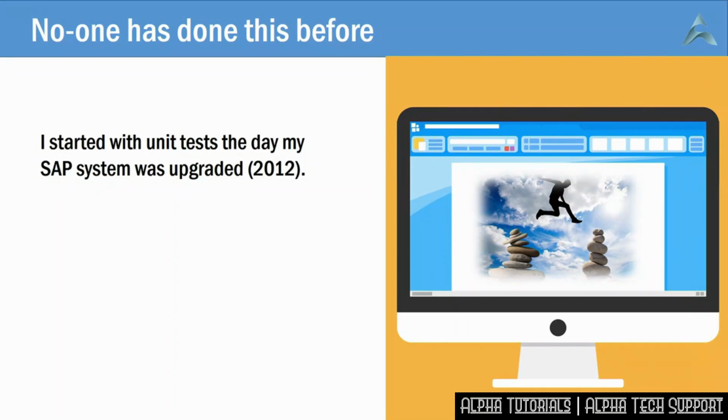I only started doing TDD for real in ABAP in 2018, but I've been using the ABAP unit framework since the very first day that, where I work, we upgraded to a system with a high enough release so I could actually use it. That was in 2012. So, how exactly did I go about doing this?